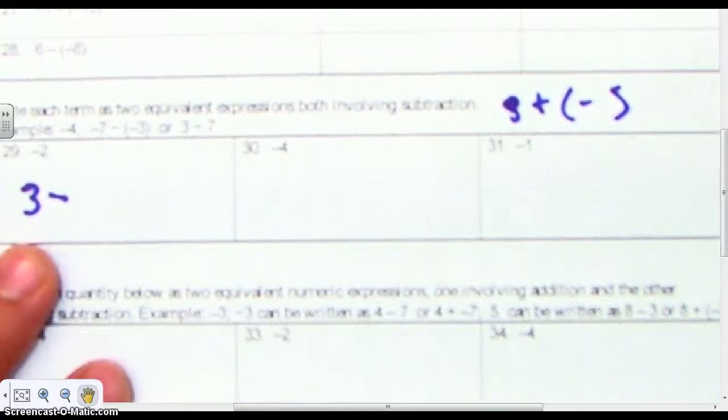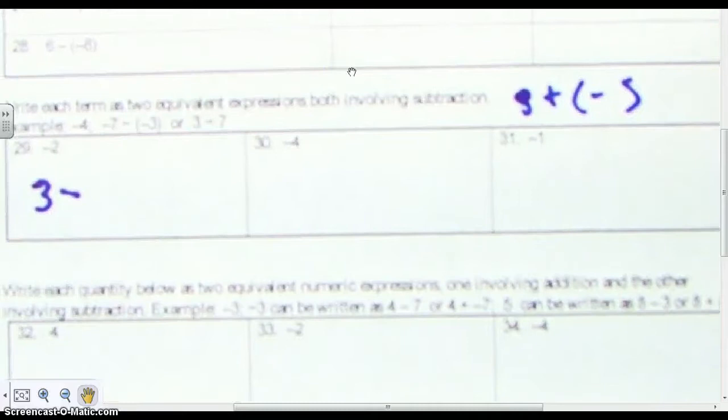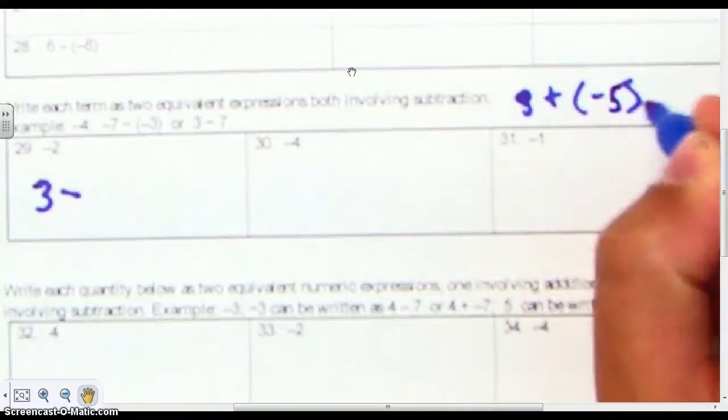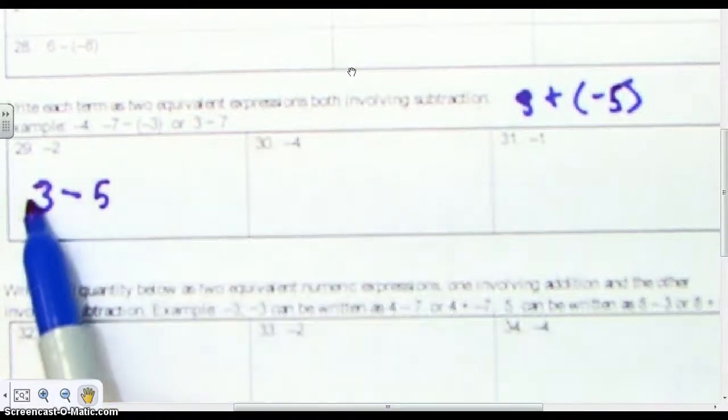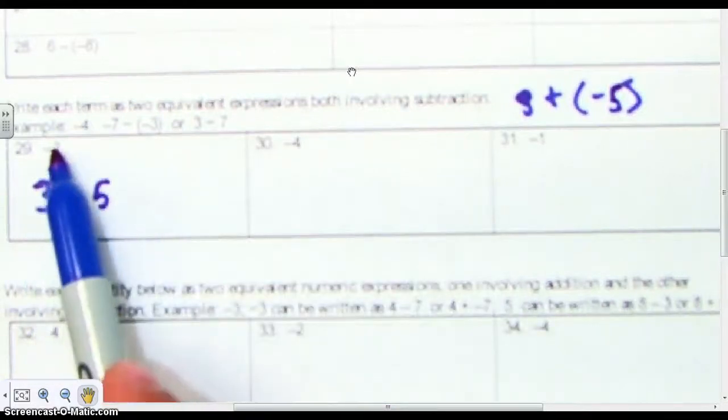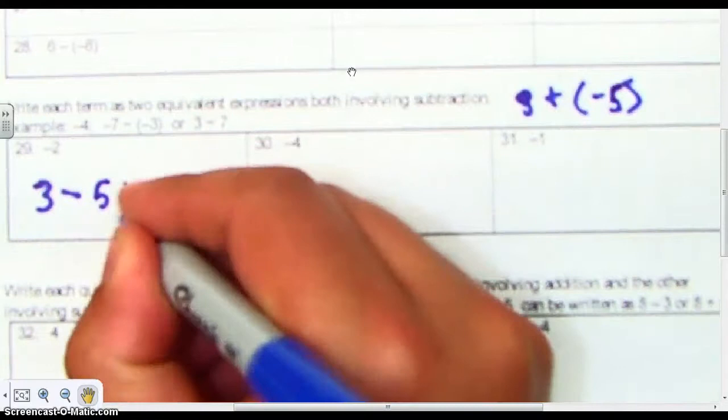Let's see, 3 plus negative what would make negative 2? So, give you just a second to think. All right, now that you've thought about it, the one way you could get negative 2 would be to add a negative 5, or to subtract 5. 3 plus negative 5 would be negative 2.